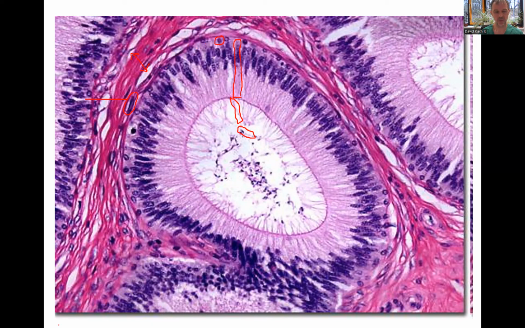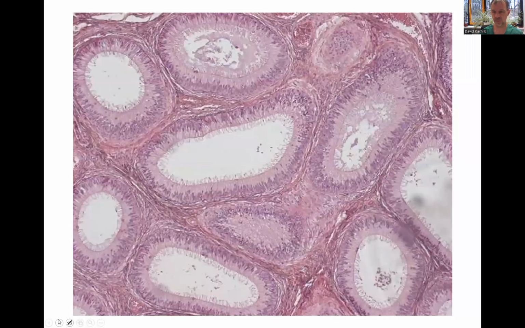So that's the ductus epididymis, again viewed from the slides of your old microscopes. So I think you cannot mix it with some other organs, such a beautiful epithelium you cannot see in other organs.